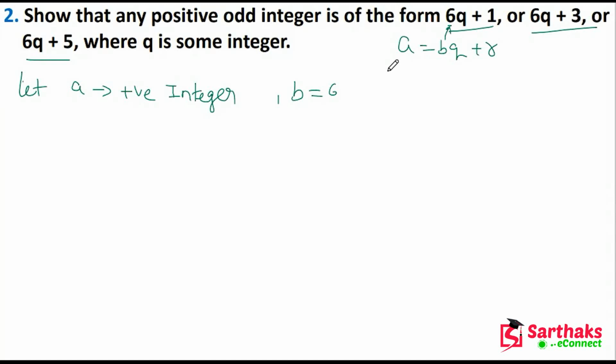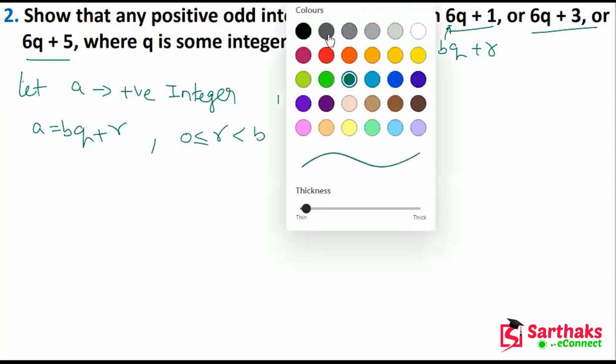Now by Euclid's division algorithm, a is equal to bq plus r. What is r? r is always greater than or equal to 0, but less than b.